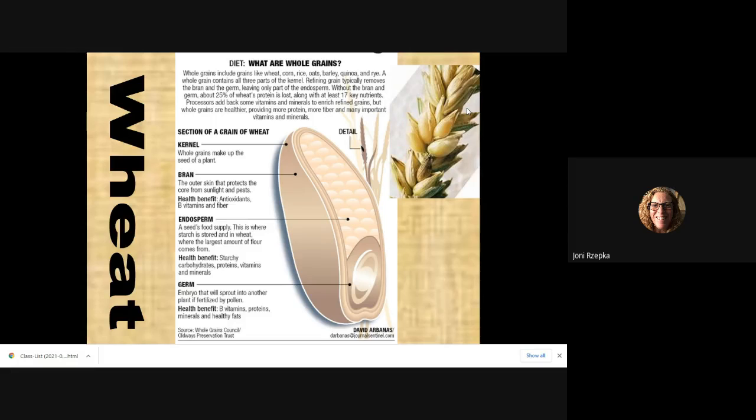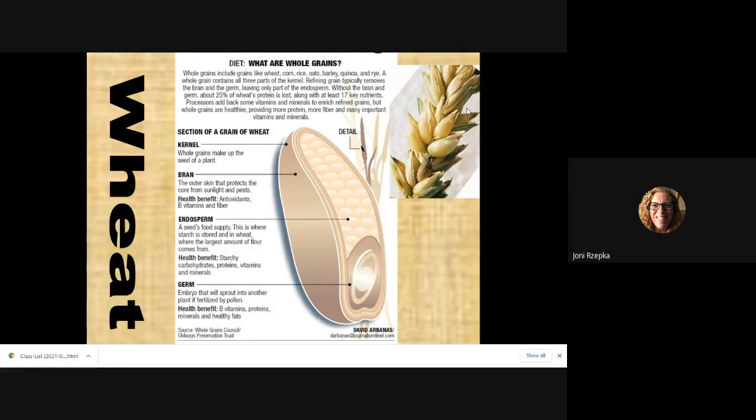The endosperm is kind of where all the starch is stored, and it's the largest amount of flour that comes from that. And then when it talks about the bran, that's the outer skin that protects the core from sunlight and pests. And that has antioxidants, B vitamins, and fiber in it.